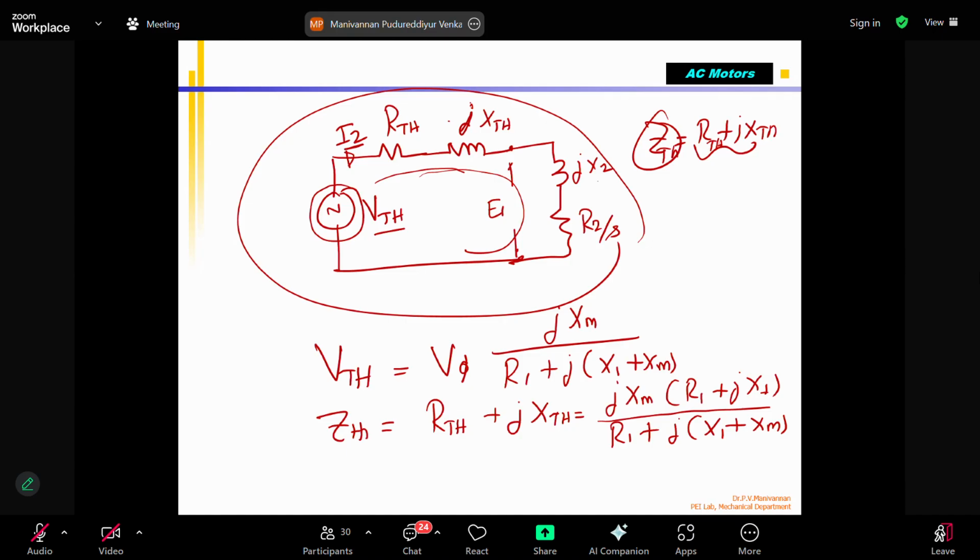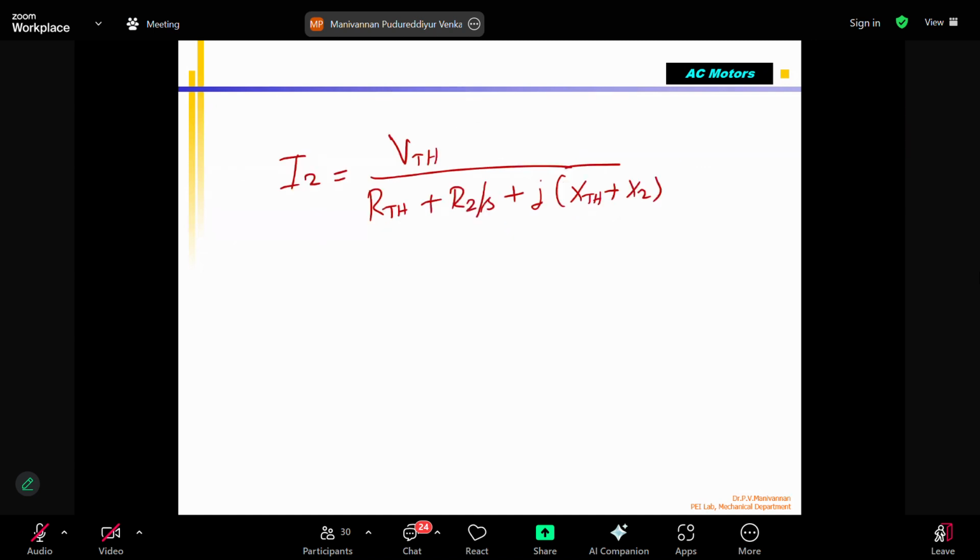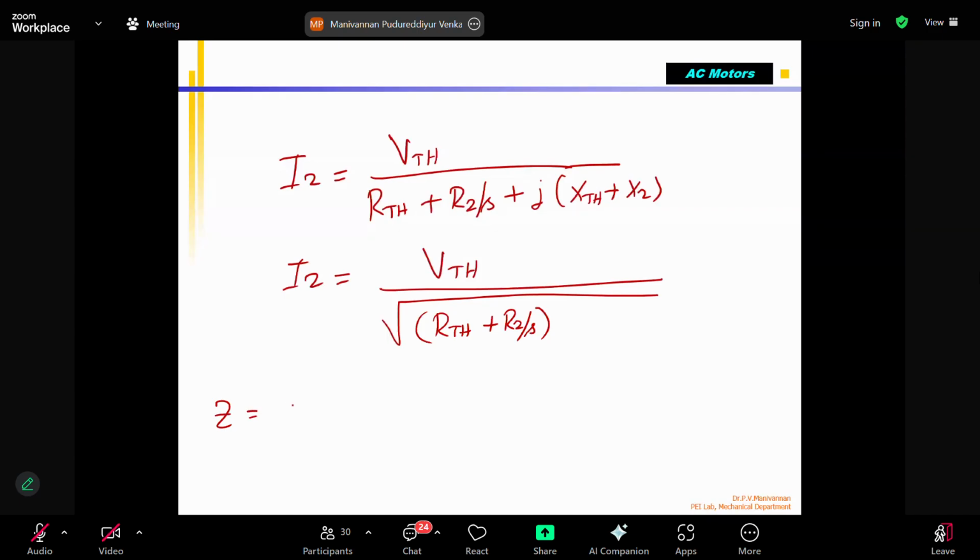Then if you divide by the net impedance, this is called the net impedance of the stator plus rotor. Because the voltage is actually given as V1 only in the stator, from there everything is happening. Finally, I2 we are also getting like this. So I2 can be computed using this formula. I2 can be written as V Thevenin divided by the square root of R Thevenin plus R2 divided by S, whole square, plus X Thevenin plus X2, whole square. Please note that Z equals R plus jX.